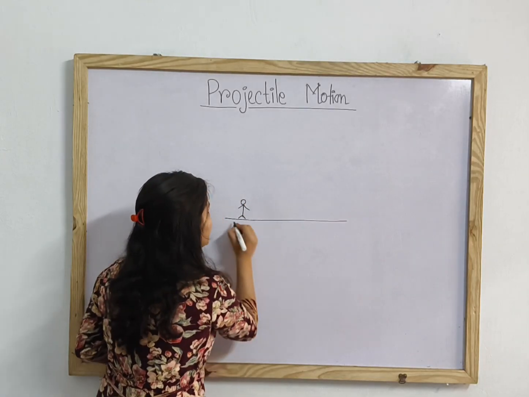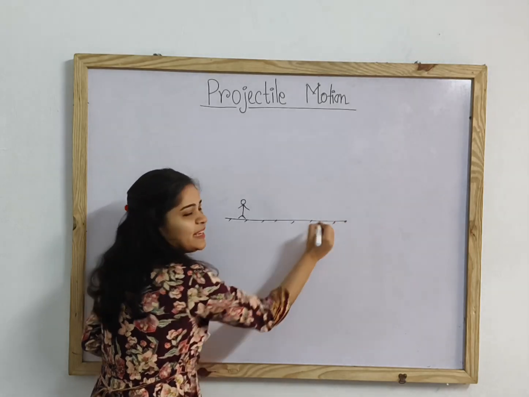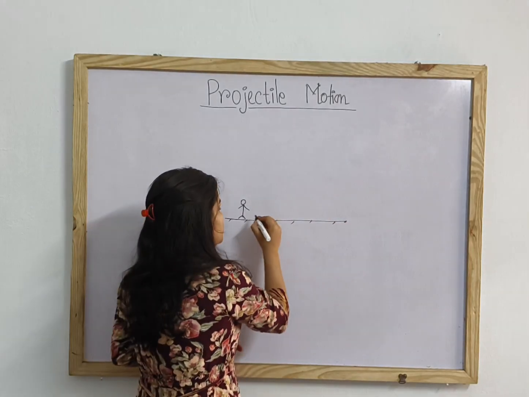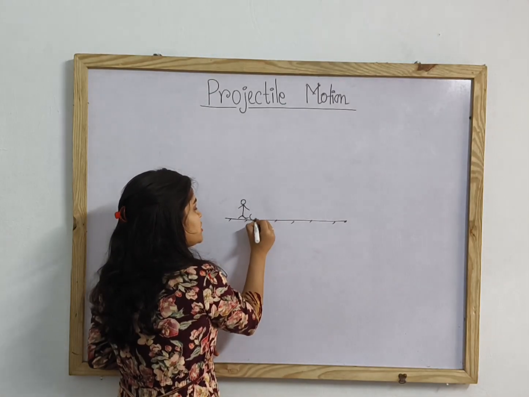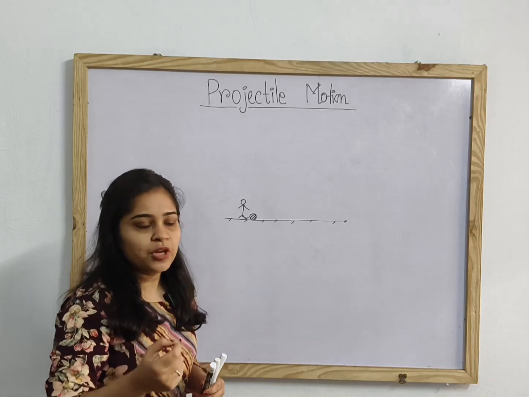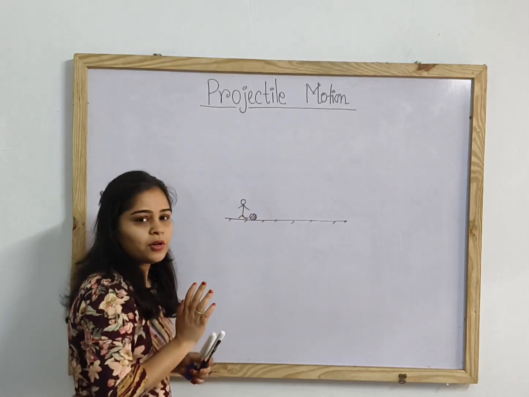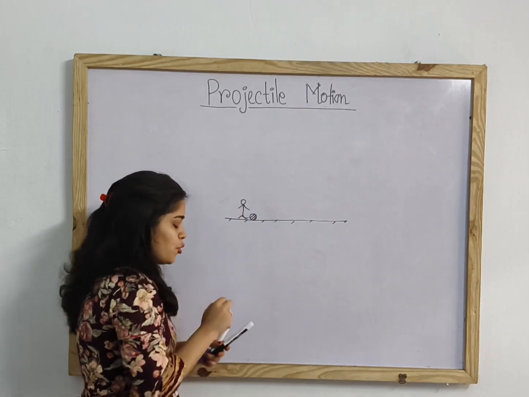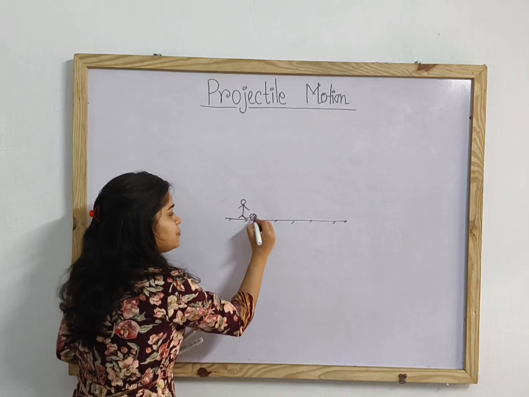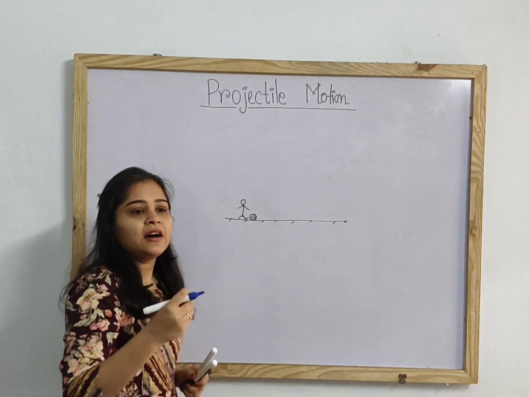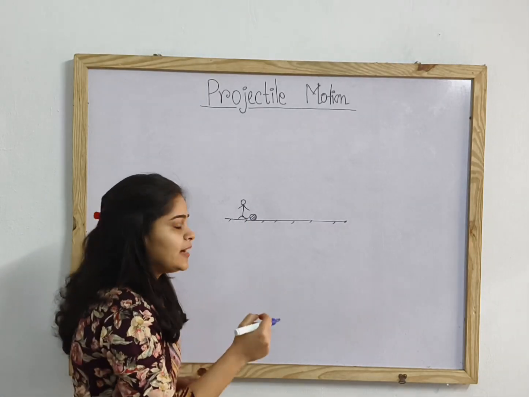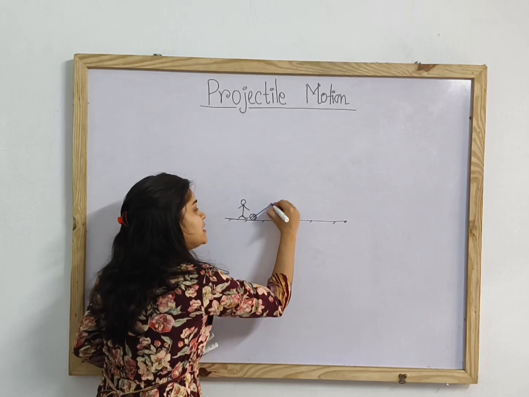Suppose you are standing on the ground, and you are playing football or basketball, something like that. Suppose you are playing football. This is the football and you want to kick it. Obviously when you kick the ball, you give the ball a certain initial velocity, and you kick it at a certain angle.